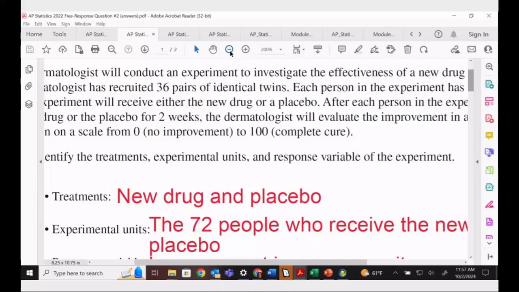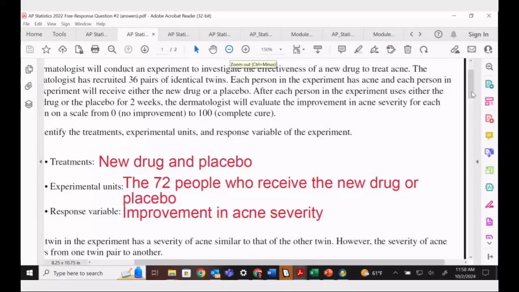What is the response variable? Yes, improvement in acne severity, yes. No, that would be fine if you said, on a scale from 0 to 100.